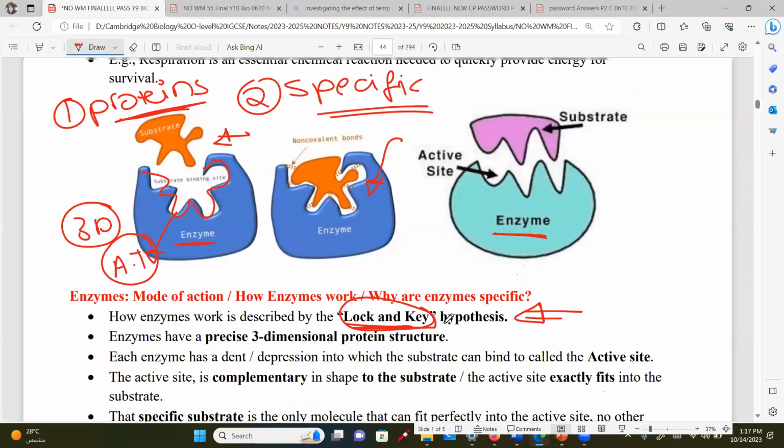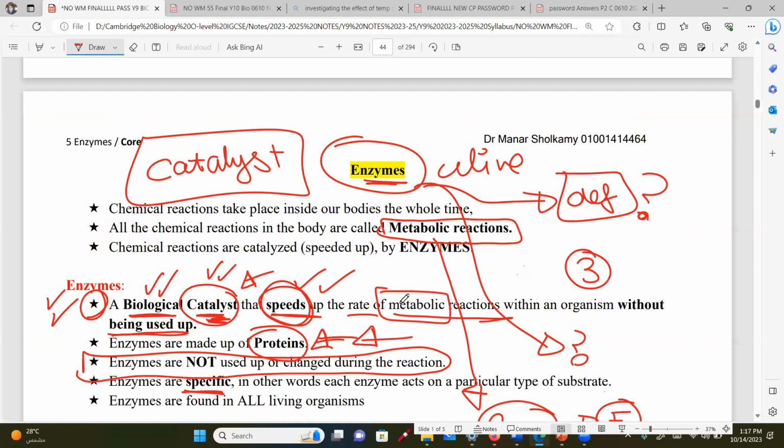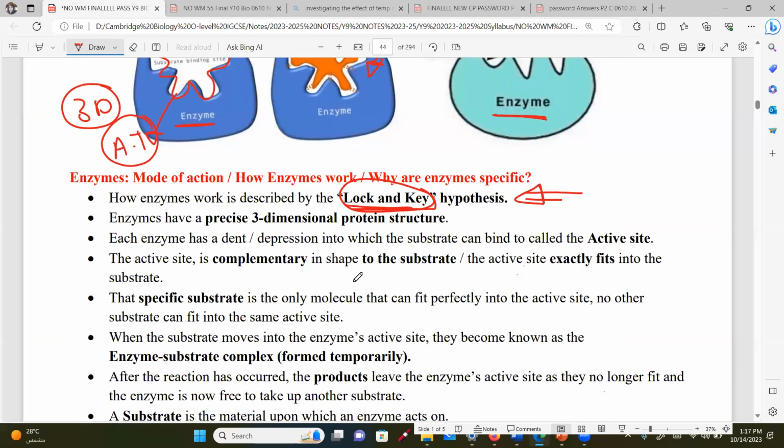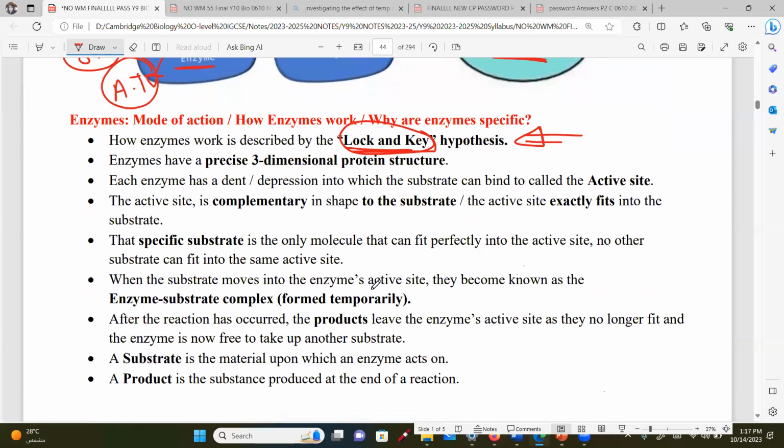Okay, I'll go back to the very beginning so that no one gets lost. Everything we said until now, we only defined what is an enzyme, and we discussed how it works. We talked about the lock and key hypothesis or theory. Let's read it together, and if you have a question, stop me. Enzymes have a precise three-dimensional protein structure. Each enzyme has a dent or a depression into which the substrate can bind to, called the what? The active site.